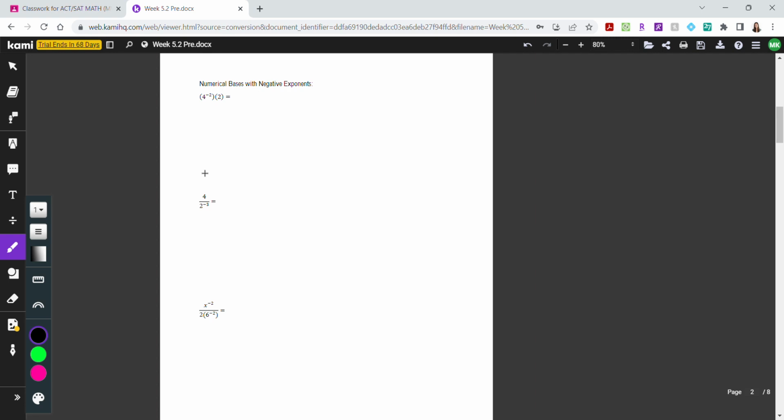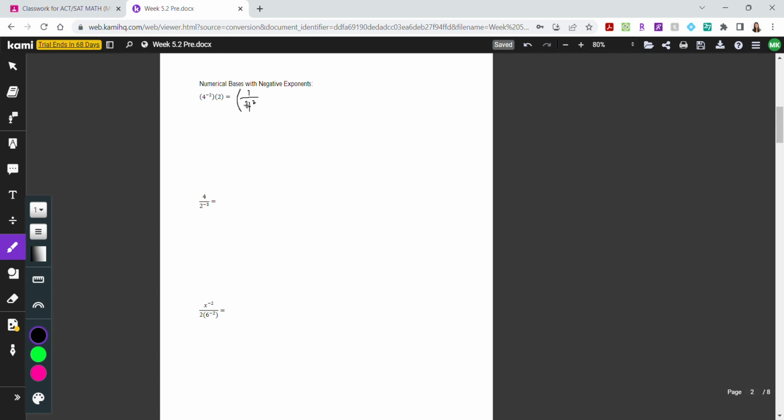So let's look at the first question. We have 4 to the power of -2 times 2. We have this as a negative exponent, so we are going to make that become positive now. To become positive, we need to flip this upside down. So now it will become 1 over 4 squared. See how the coefficient of 4 is still positive 1?